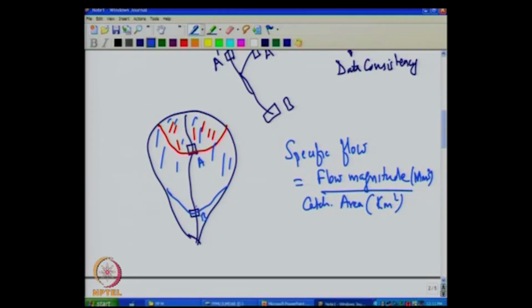However, the catchment characteristics in practical situations will not be exactly the same, and also the rainfall distribution may not be exactly the same, and therefore, the specific flow at B must be comparable with the specific flow at A is the criterion that we use for checking the consistency.